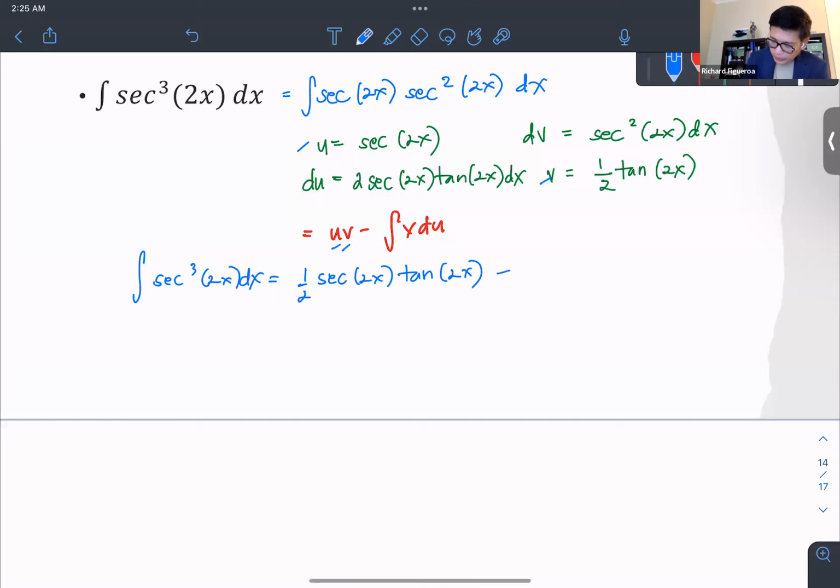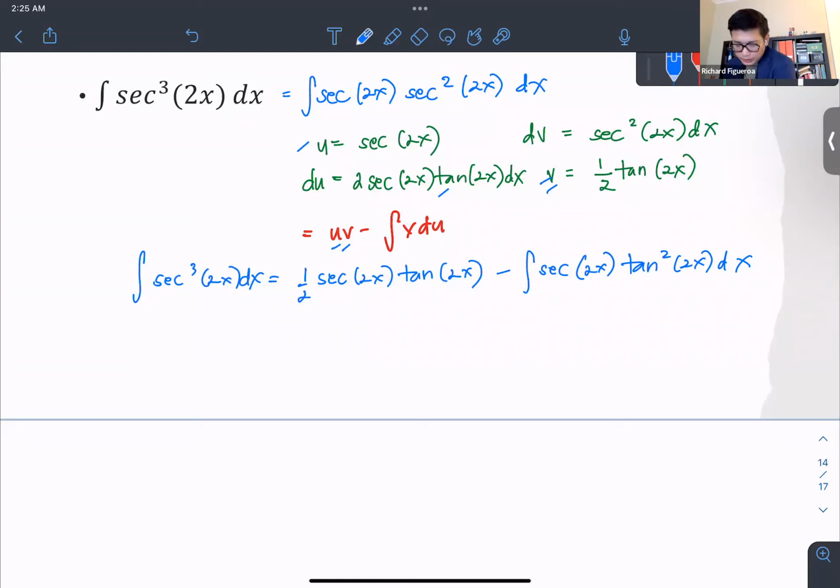Then minus v du. So v du, this one and this. So 1/2 and 2, that would just be 1. And then secant 2x, tangent 2x times tangent 2x, that is tangent squared. So I have secant 2x, then multiply it with tangent squared 2x dx.